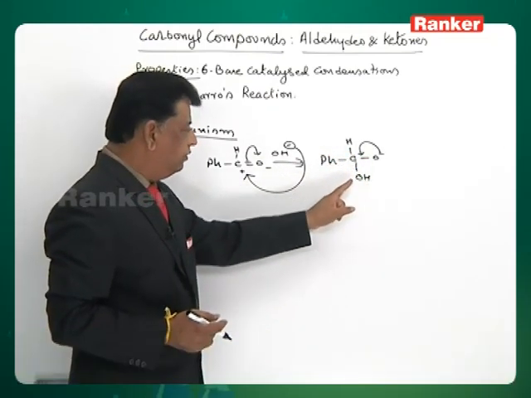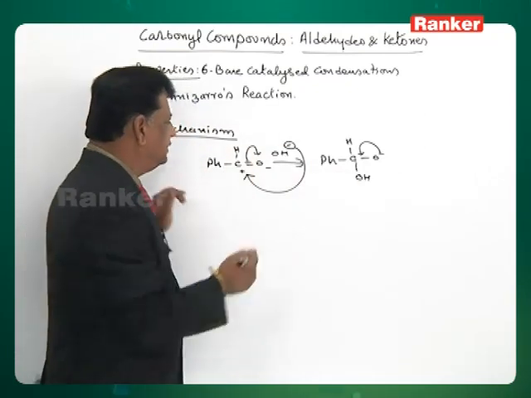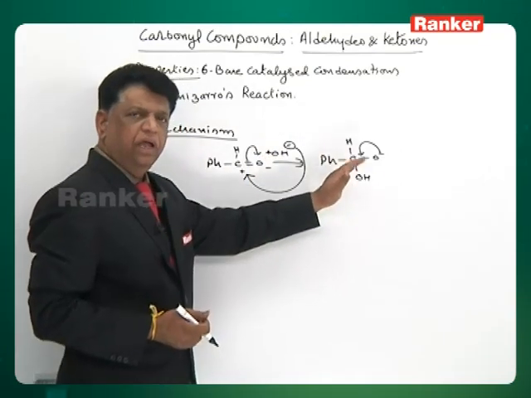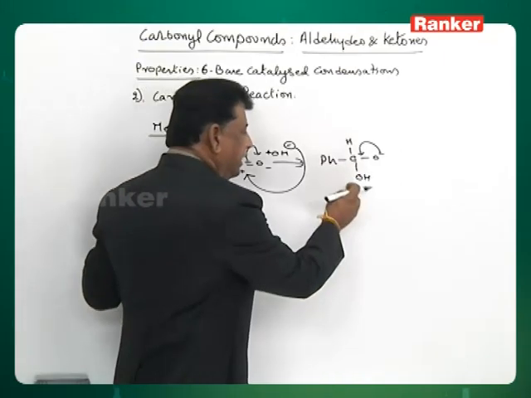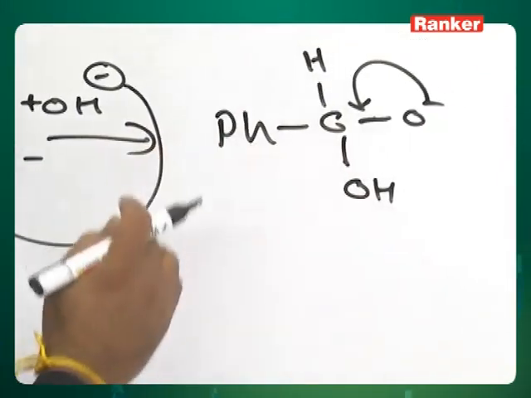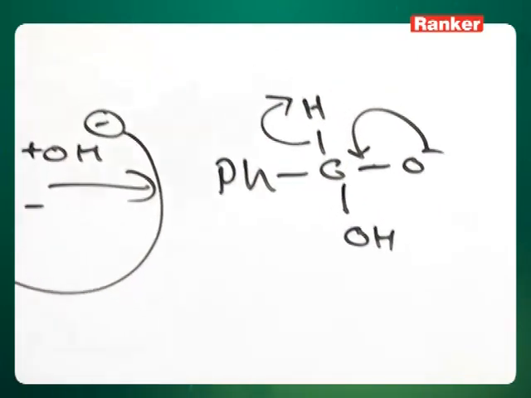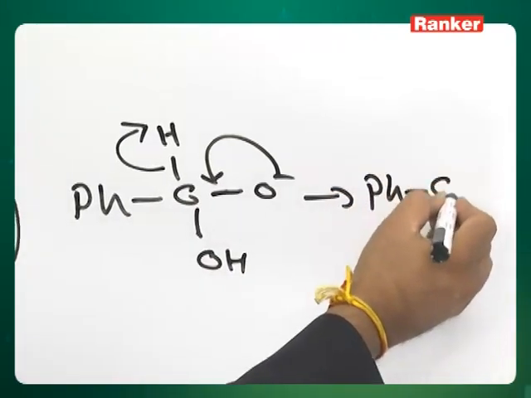Let us imagine if the OH comes back, you will get back the original one. Such reactions will be going on: addition of OH and removal of OH again comes back. But instead of the OH coming back, if H minus is expelled, then what happens? This becomes benzoic acid, in fact.